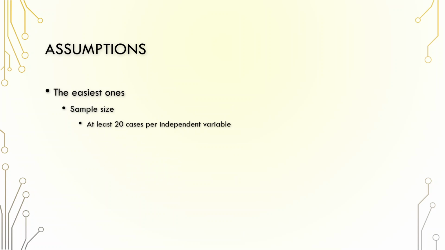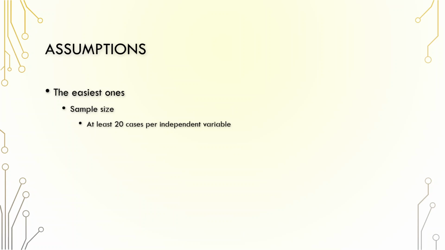All right, so the easiest one is technically more of a rule of thumb, but still a very important one. You want to count up how many independent variables you have in your model. Sorry, this includes control variables too. You need to have at least 20 cases in your data per independent variable.